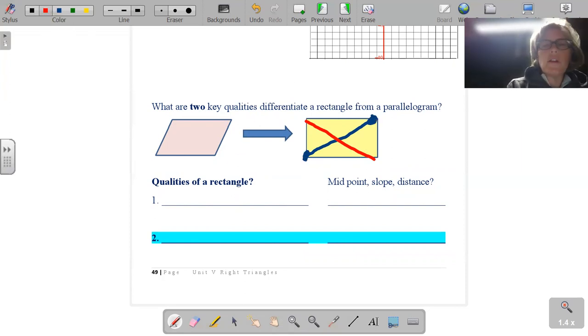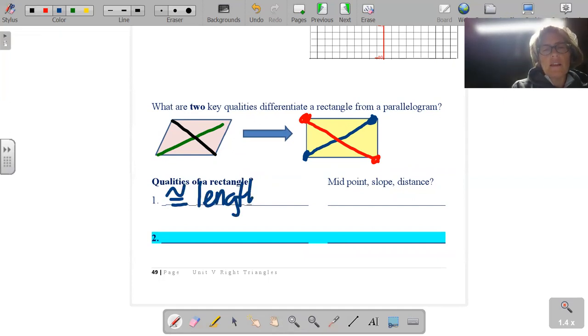So the blue and the red would be congruent in length, where in a parallelogram, you have a shorter and a longer one. The green is longer, the black is shorter. So that is one quality in a rectangle, congruent length diagonals.